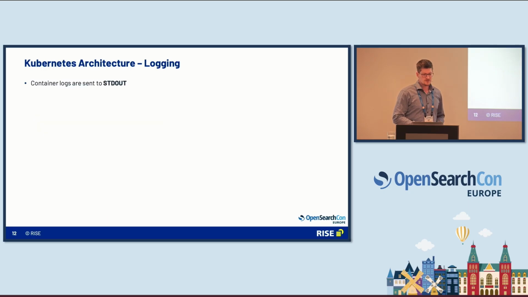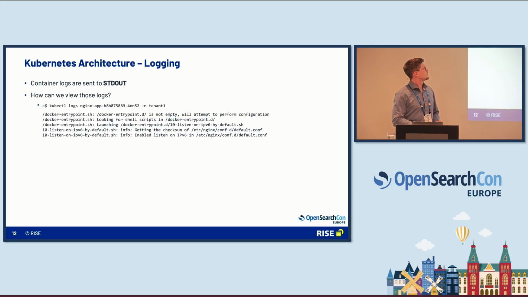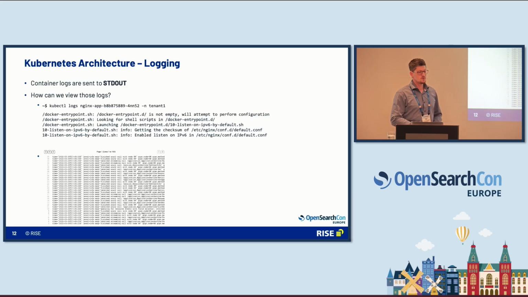So what actually happens with the logs from those workloads? Per default, they all go to standard out, to the logging subsystem of Kubernetes. And how can you watch those logs? Of course, you can log in with kubectl and look at the logs the old-fashioned way.